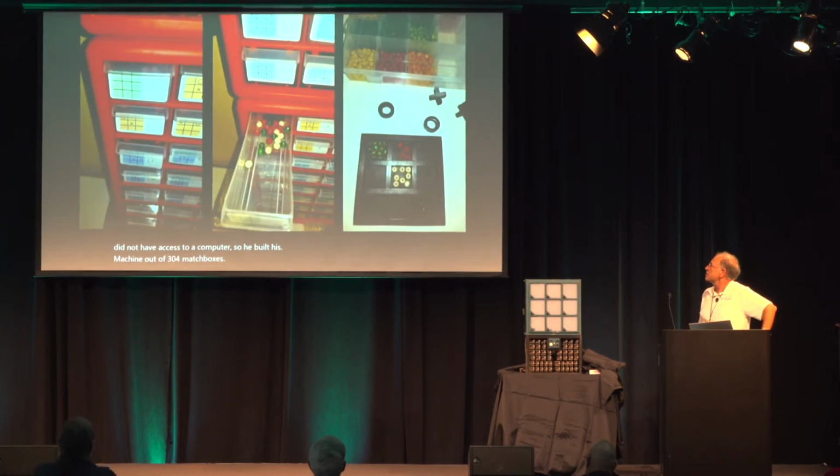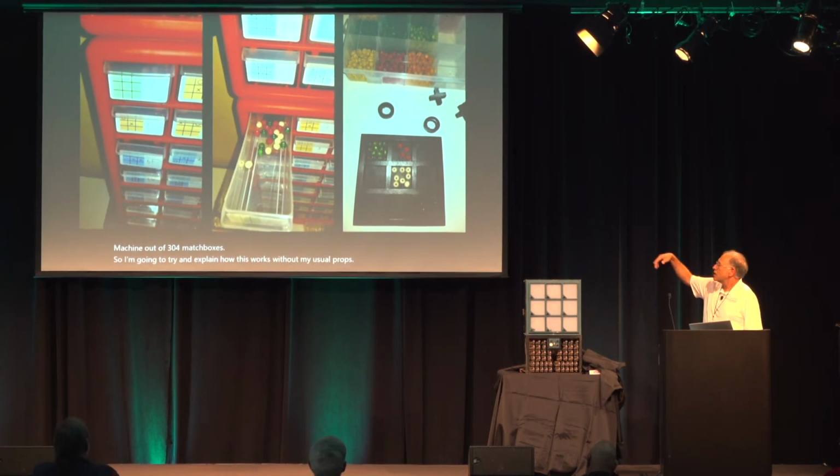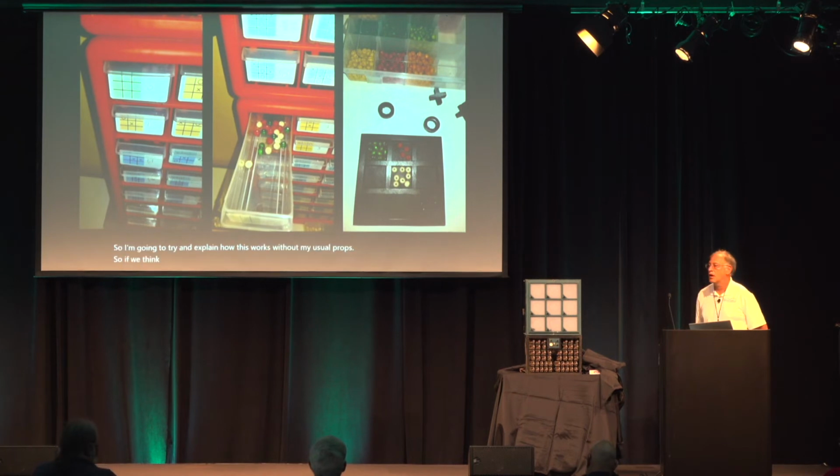So I'm going to try and explain how this works without my usual props. If we think about tic-tac-toe, the first question is, how many first moves are there? Anyone want to? 9? That's a reasonable argument. Obviously, there's nine places.